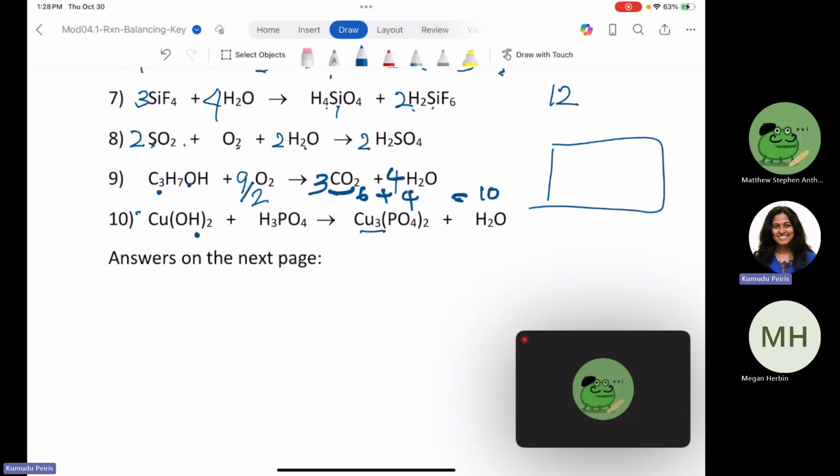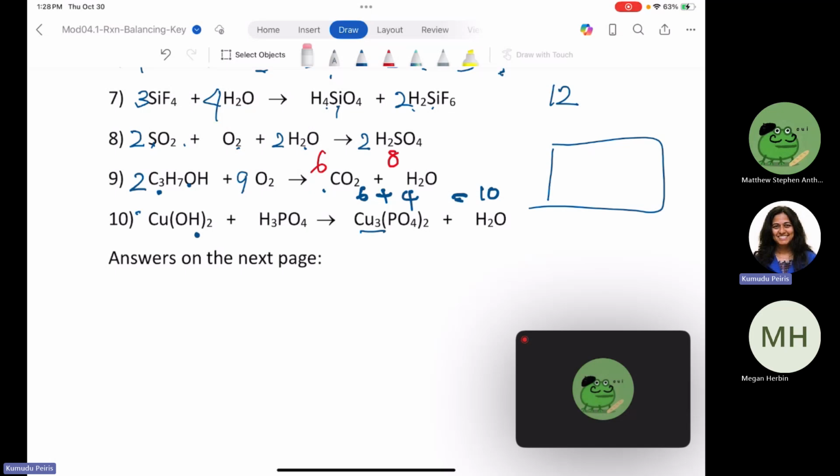But I don't want to add it as a fraction, so I'll multiply everything by 2. Here 2, and then 3 by 2 would be equal to 6, and 4 by 2 would be equal to 8. Okay, so let's see whether this will be equal on both sides.